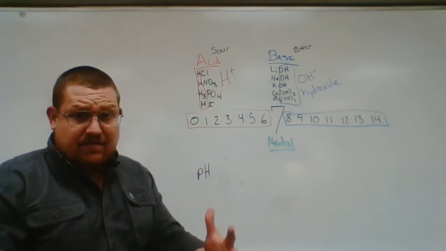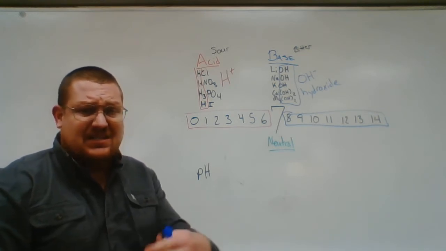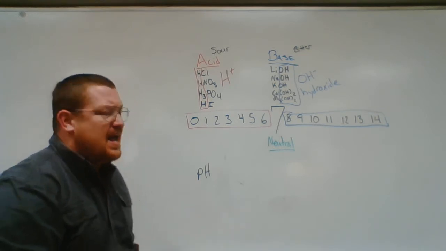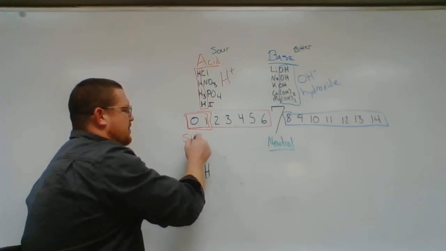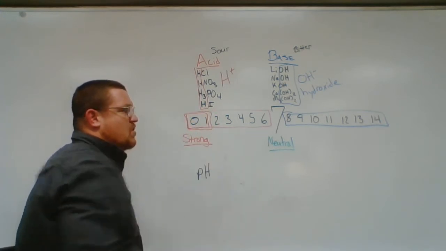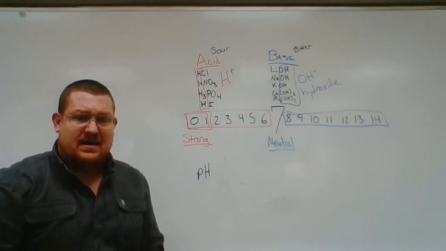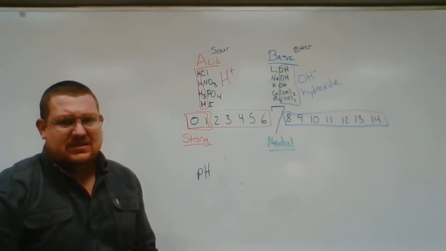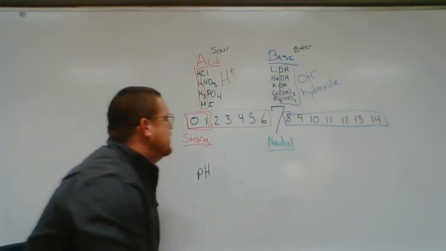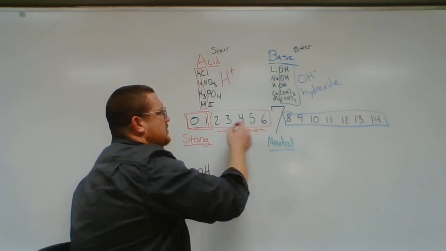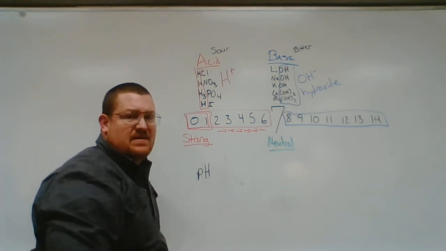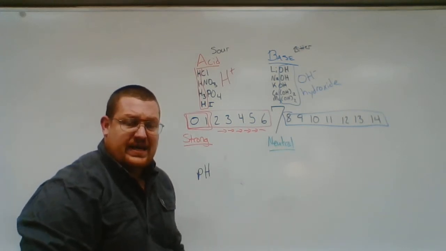If there's a lot of them, if it's a really strong acid and there's tons and tons, highly concentrated H positives, then we would be down here in what we call the strong acid range. If there's not many of them, but still acidic, then the less we have, the weaker it becomes. So this range, as we get closer to 7, is our weak acid zone.